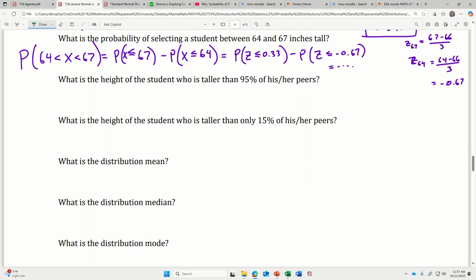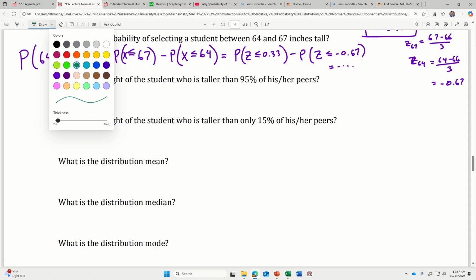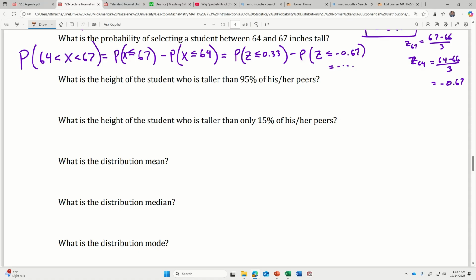So let's then ask, what is the height of the student who is taller than 95% of his or her peers? And that means I know the probability I want is 0.95.